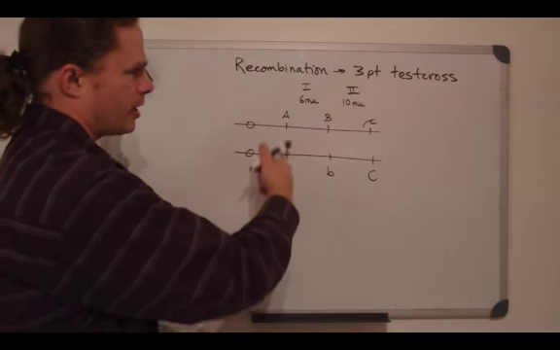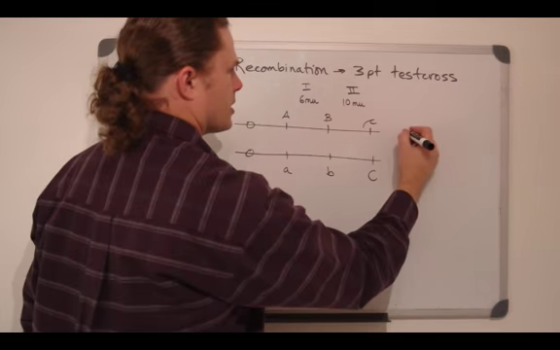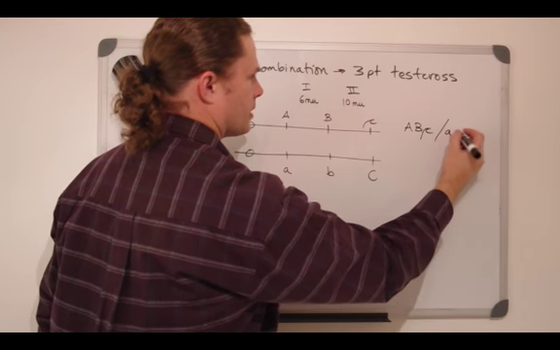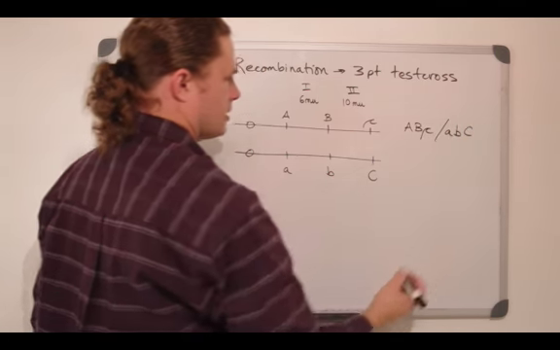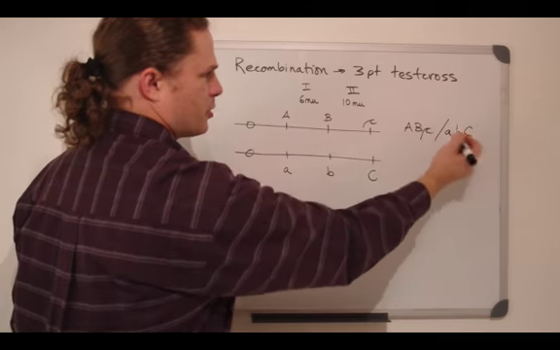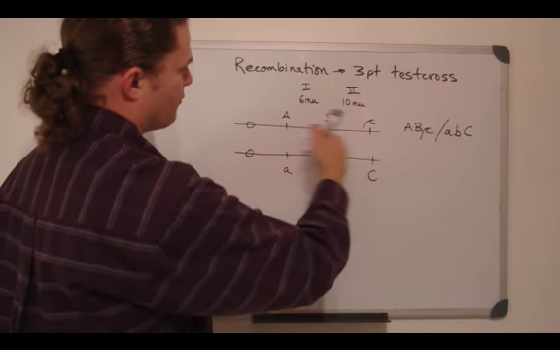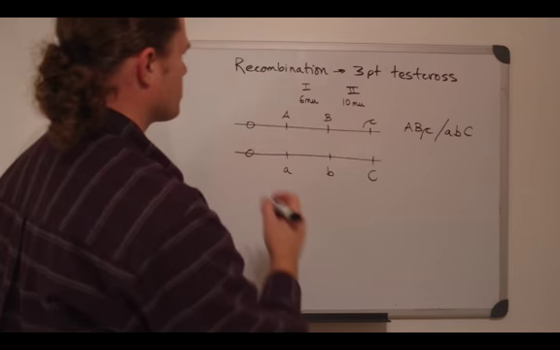So here we have a trihybrid. This has the genotype big A, big B, little c over little a, little b, big C, indicating that these were the two input sets. Now we know that they were the two input sets because they're physically linked together on the same chromosome.